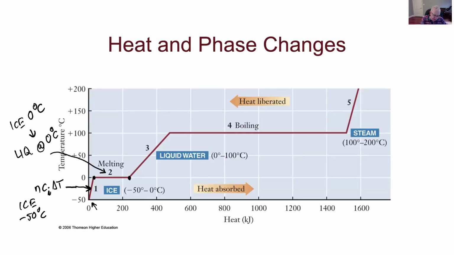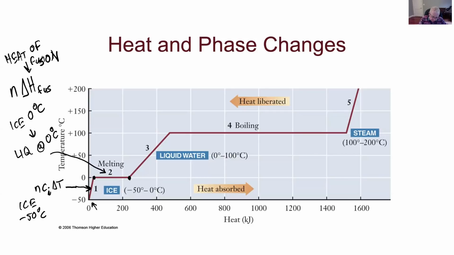The amount of heat that takes is N, the number of moles, times something called the heat of fusion, typically written as delta H with a fuse like that. That is the heat of fusion. Fusion is a fancy chemistry book word for melting, okay?